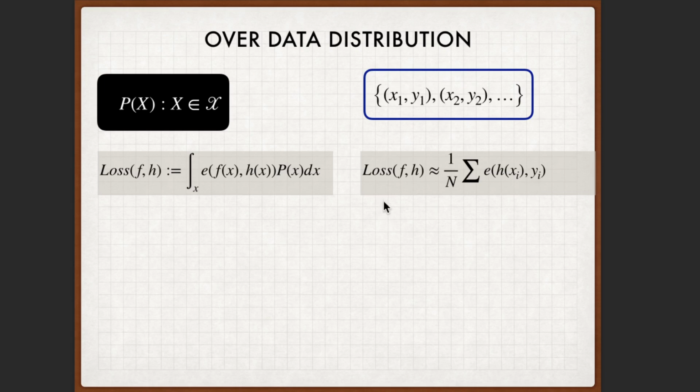And the hope is that the value of this delegate will track the value of the ideal loss, at least when we have reasonably many data samples.